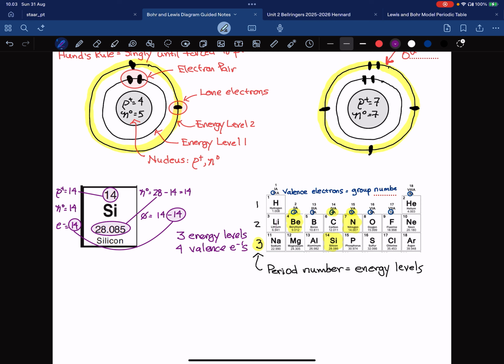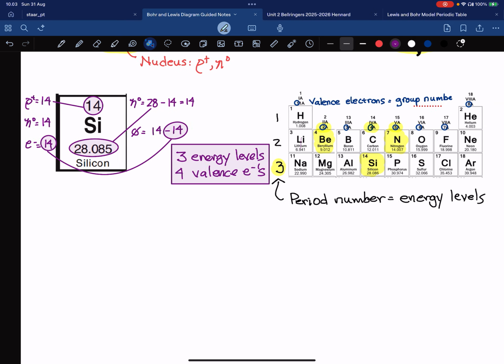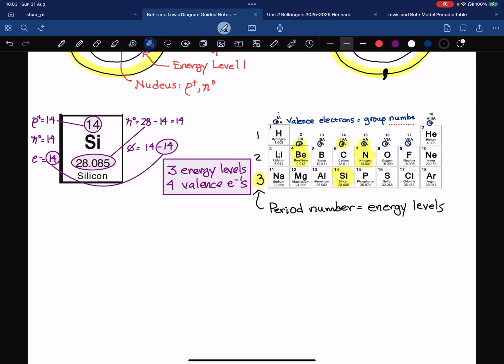Now, I'm going to put a little box around that just to draw our attention back to it when we're finished. And let's do our Bohr diagram, Bohr model, and see if we're right. Okay, so the protons are 14.